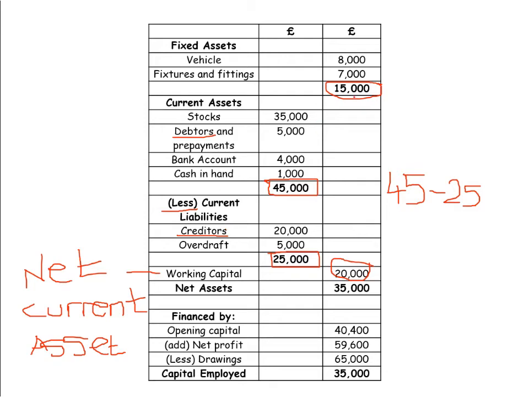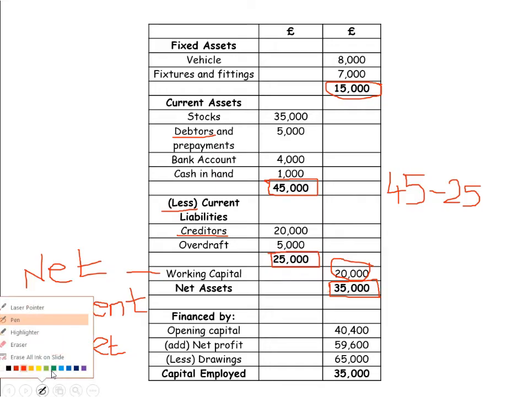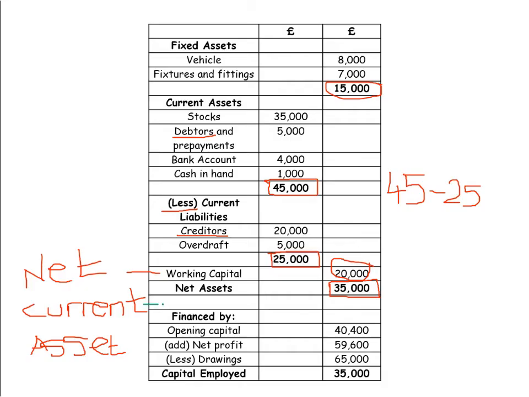So 15,000 add 45,000 would give you 60,000, and then minus out 25,000 will give you 35,000. Okay. So that's how you get that number, and that's usually the number that's kind of deleted out, and you have to work it out. So basically, that's the top of the balance sheet, okay.